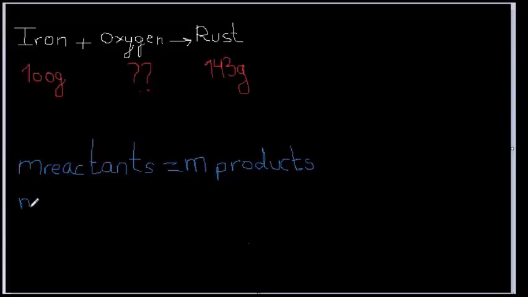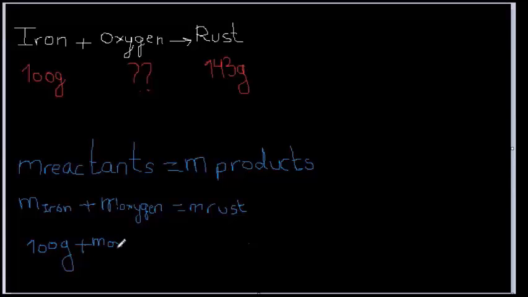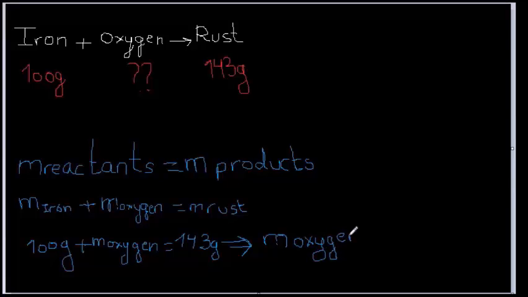So in this case, the mass of iron plus the mass of oxygen equals the mass of rust. So 100 grams plus the mass of oxygen equals 143 grams. Then the mass of oxygen would be 143 grams minus 100 grams, which equals 43 grams.